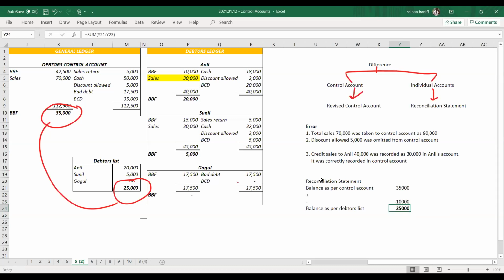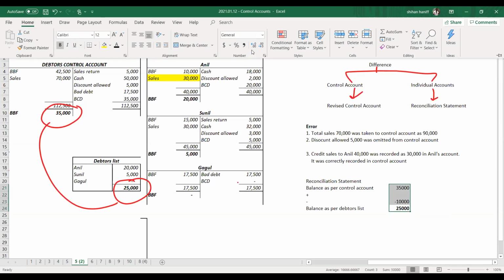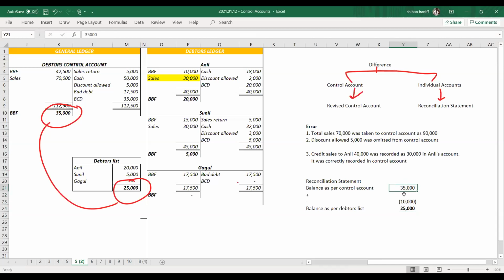So be careful. You have to remember, a reconciliation statement is not a correction. We are not correcting the control account balance. We are going to take the debtors list balance. So it's not a correction, it's only a comparison. Right? So that's how we make the reconciliation statement.